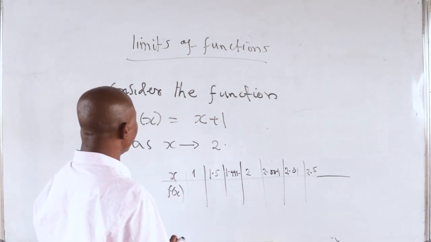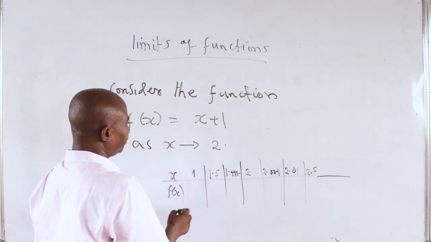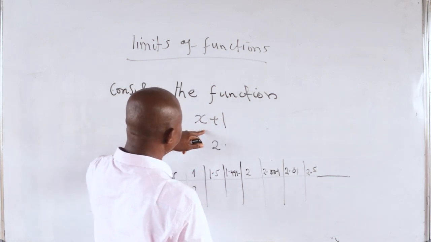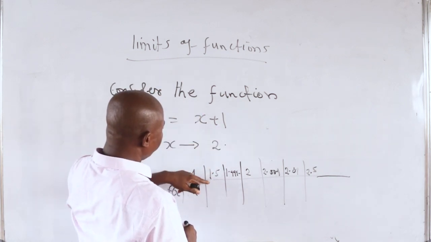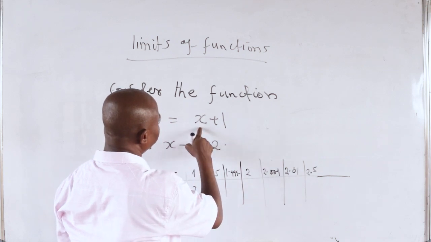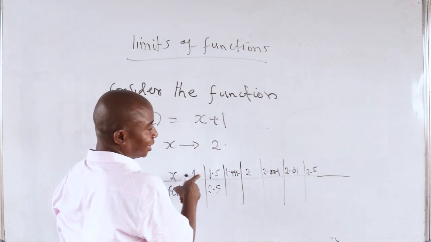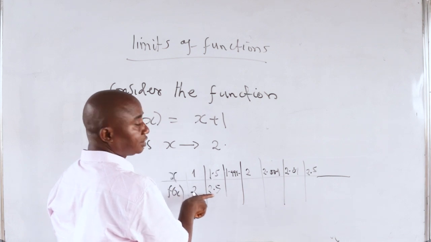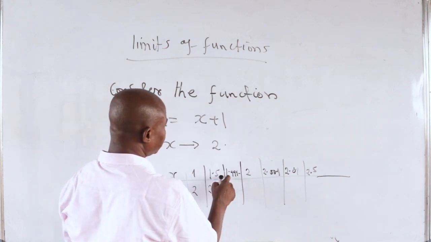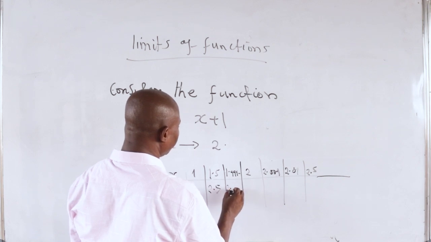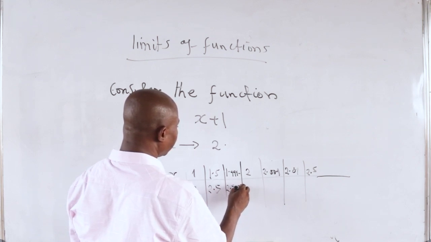At x equal 1, we're going to have 1 plus 1, which is 2. At x equal to 1.5, we're going to have 1.5 plus 1, which is 2.5. We can see the trend that these values are increasing. So at x equal 1.999, we're going to have 2.999.